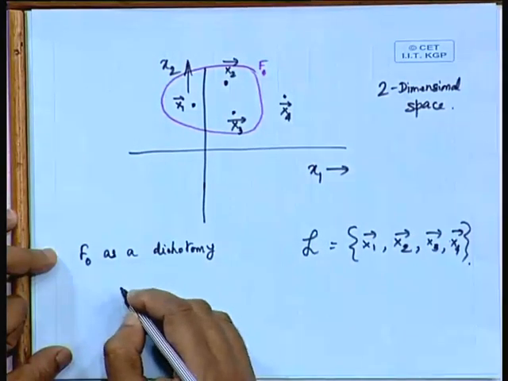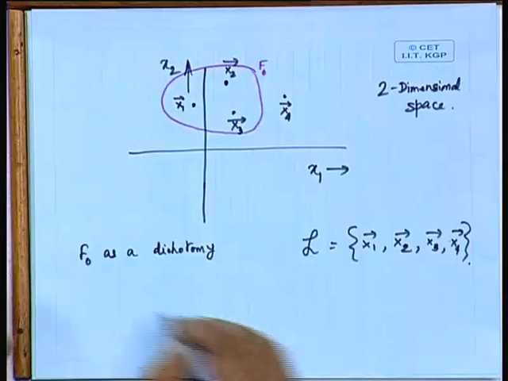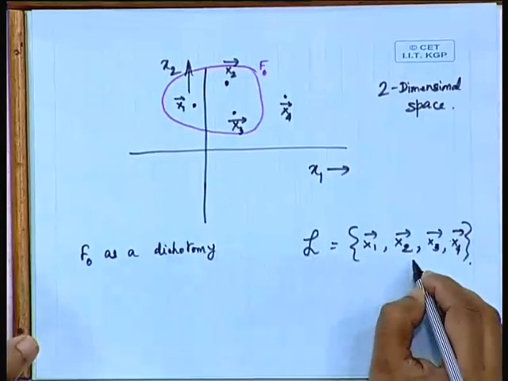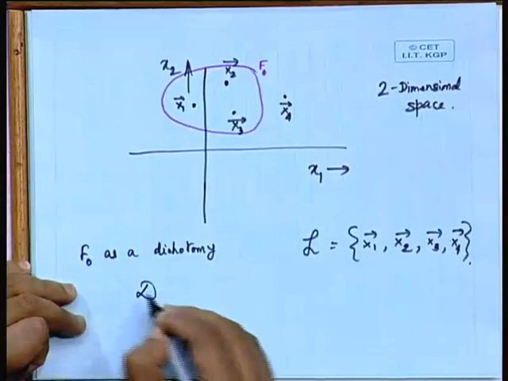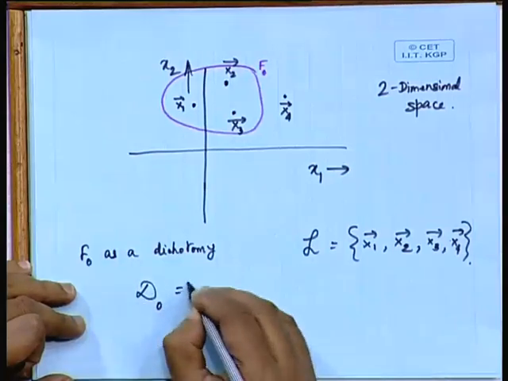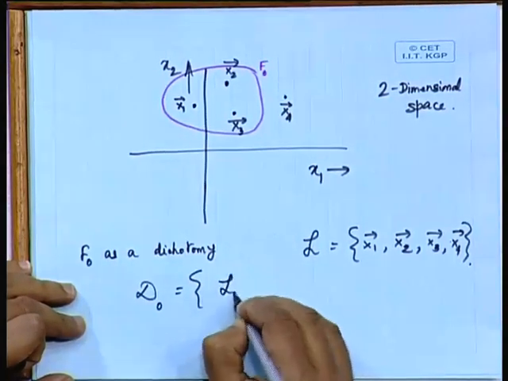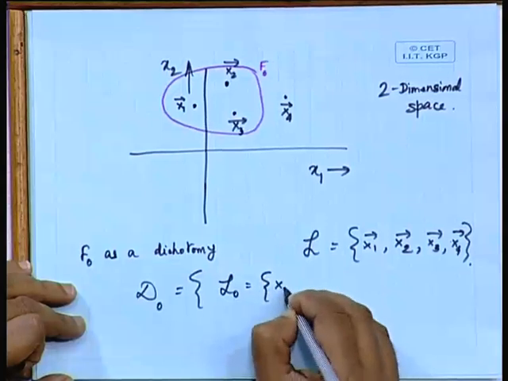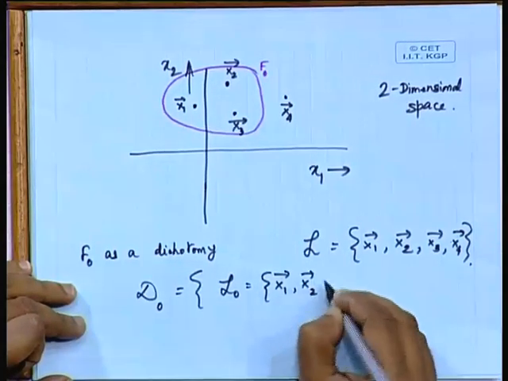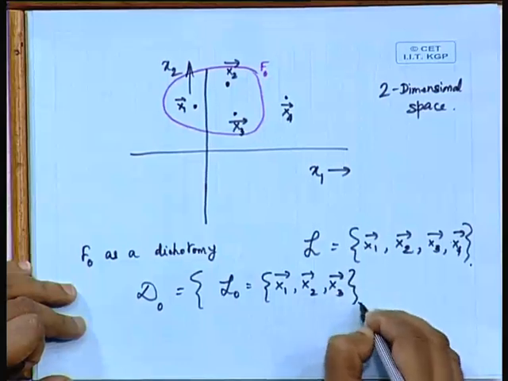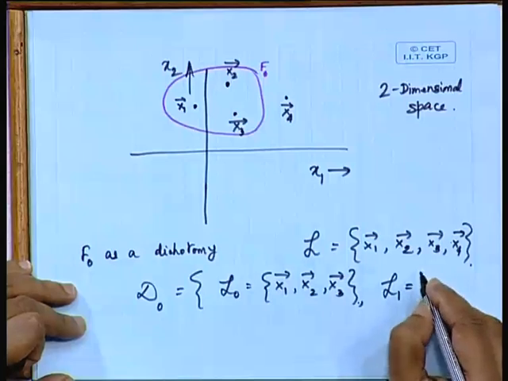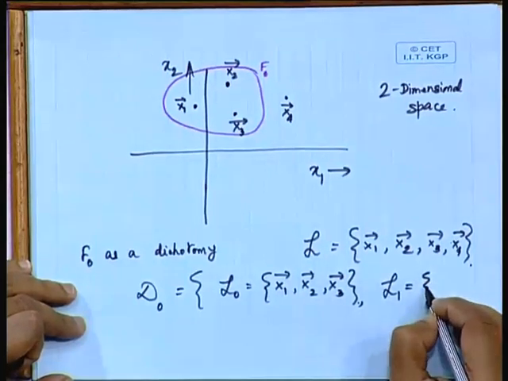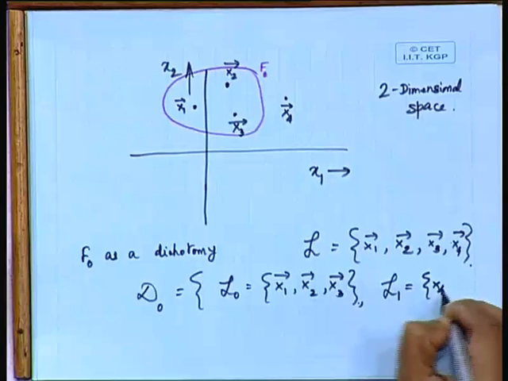So, I take f0 as a dichotomy, and how is that dichotomy defined? That dichotomy induces 2 disjoint sets, because from L now I will be making 2 disjoint sets, L0 and L1. So, dichotomy f0 will make L0 equal to x1, x2, x3, and it will take L1 as another set, which will have only x4.